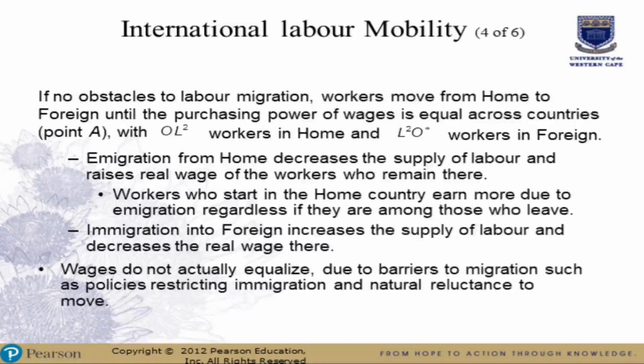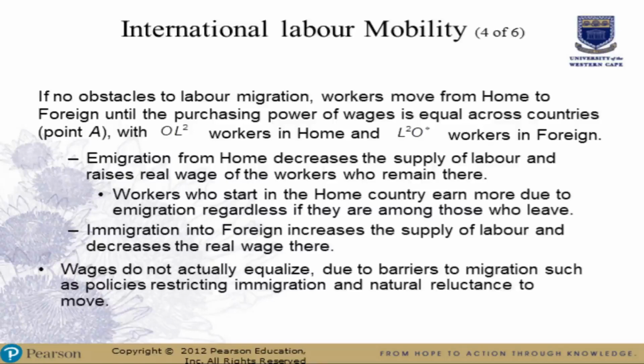Now suppose there is no obstacle to the movement of labor. Workers in the home country will move to the foreign country until the purchasing power is equal between the two countries at point A, with all L2 workers in the home country and O star L2 workers in the foreign country.